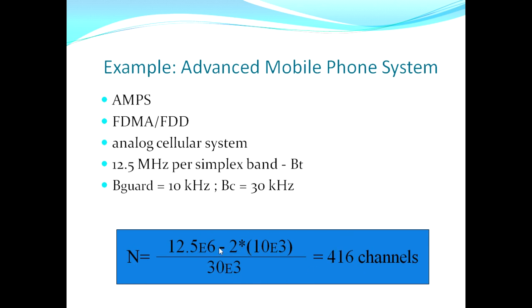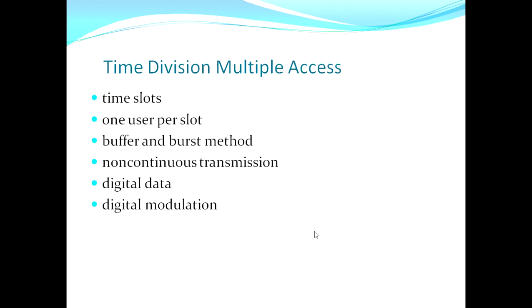We have calculated it: for a given bandwidth of 12.5 megahertz with each channel of 30 kHz and a channel separation of 10 kHz, we can accommodate 416 channels totally by FDMA.